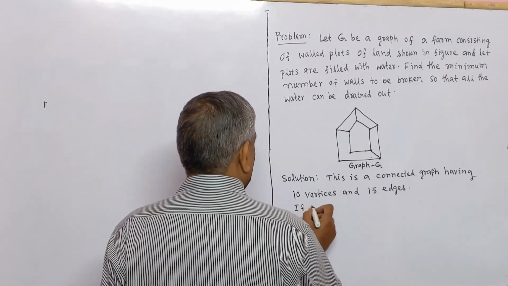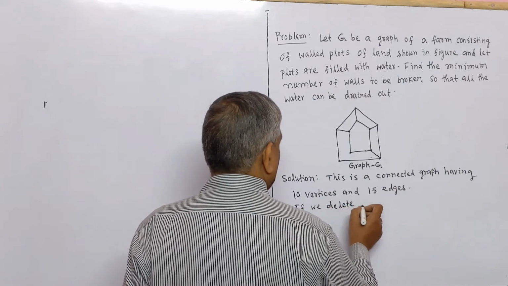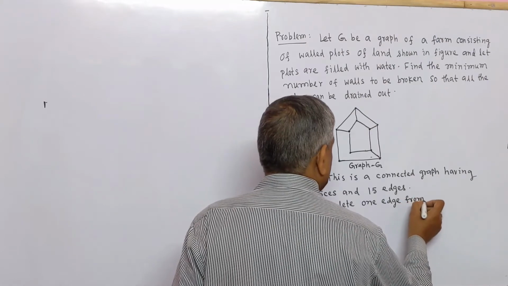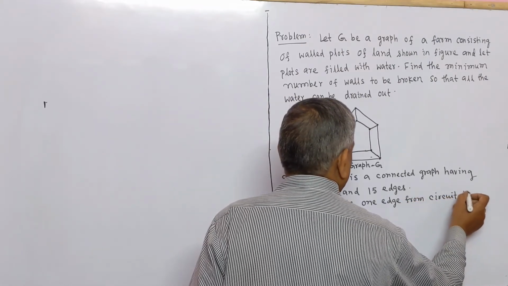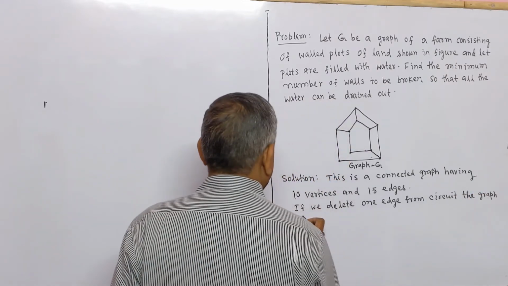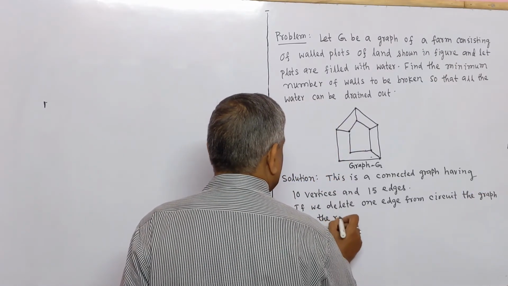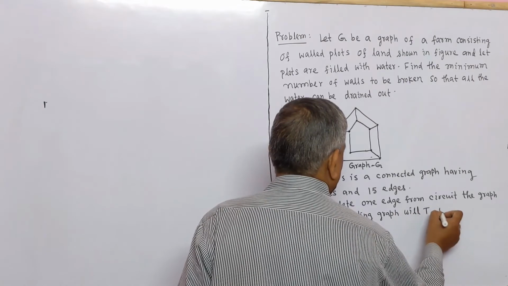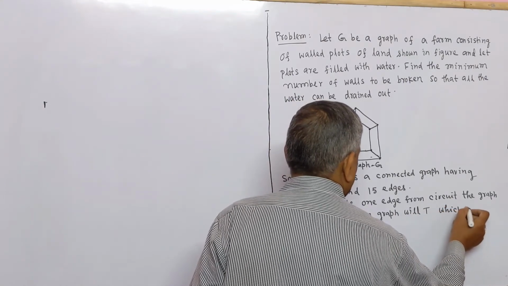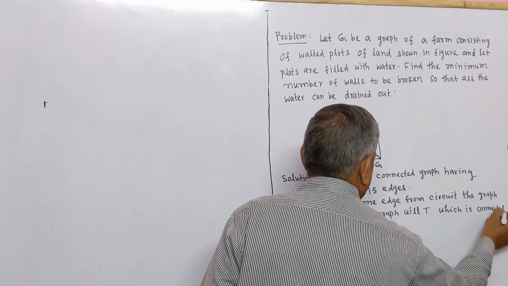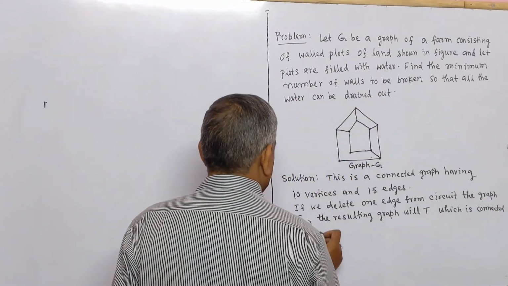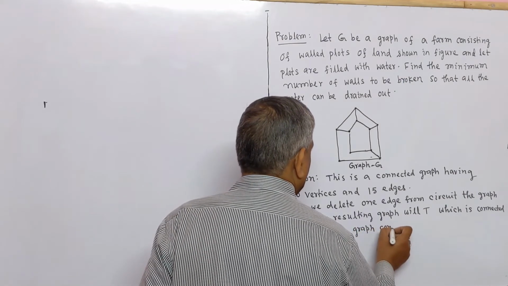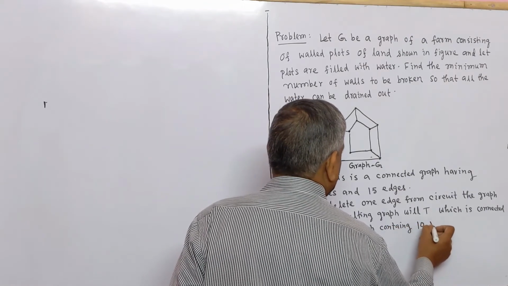If we delete one edge from each circuit of the graph G, the resulting graph will be T, which is a connected circuitless graph containing 10 vertices.